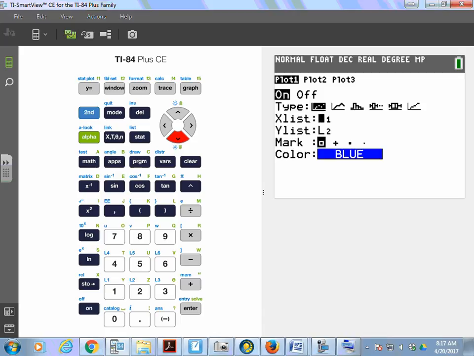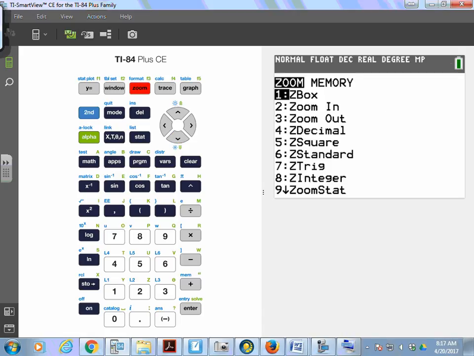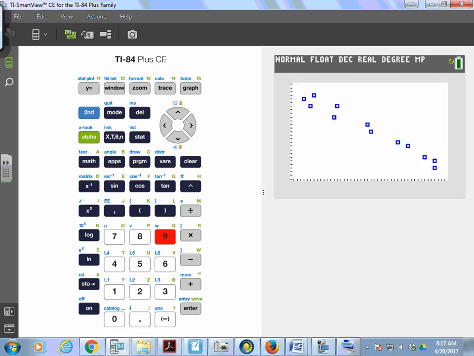Now, once that's turned on, so that our calculator will make a window that fits the data, if you press Zoom and Stat, which is Zoom 9, it will make a window that fits that data for you. It actually shrinks it up.